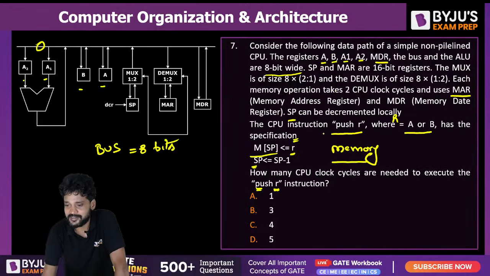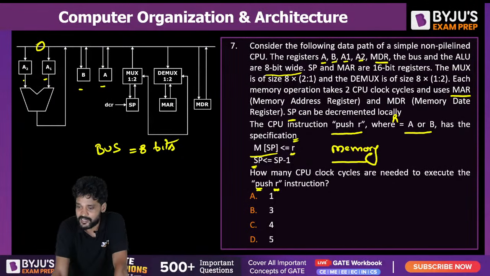In the same context, you must understand that as R needs to be transferred to the memory of the stack pointer, this R must be transferred to the data register, right?